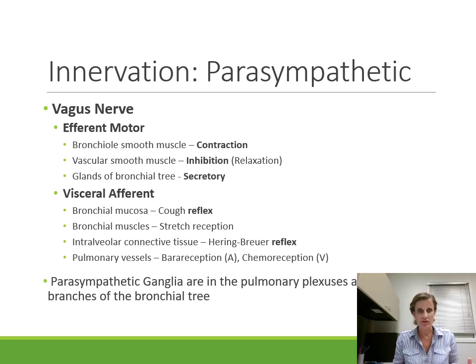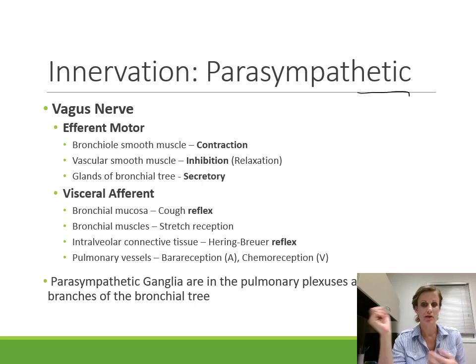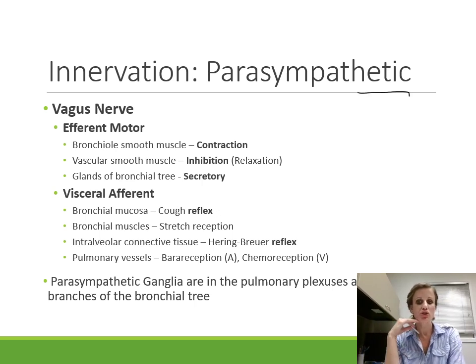So the lungs are innervated by the parasympathetic nervous system and the sympathetic nervous system. We'll start by looking at the parasympathetic innervation. So just think about it: the parasympathetic nervous system is your resting nervous system, rest and digest. It happens to be associated with secretions, so typically increasing secretions. Just keep that in the back of your mind.